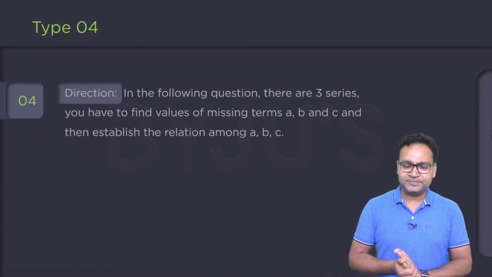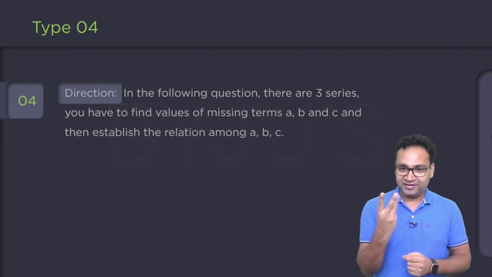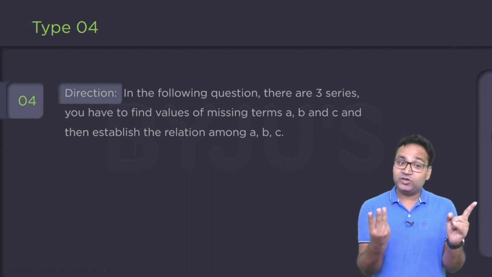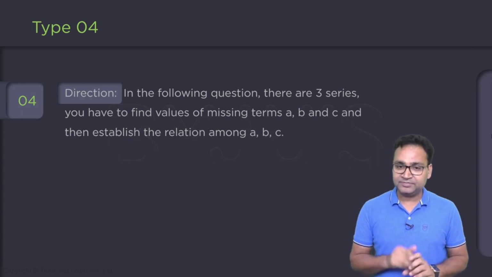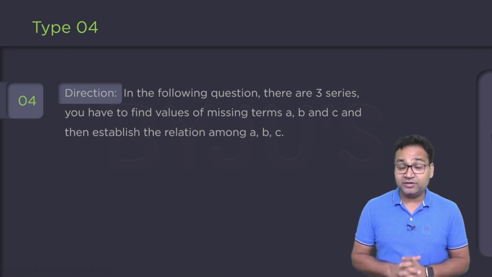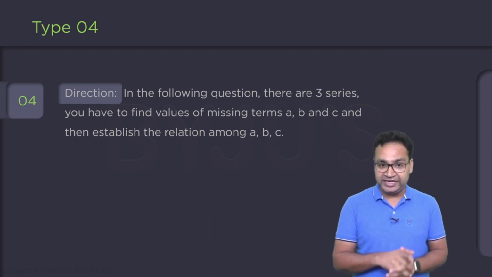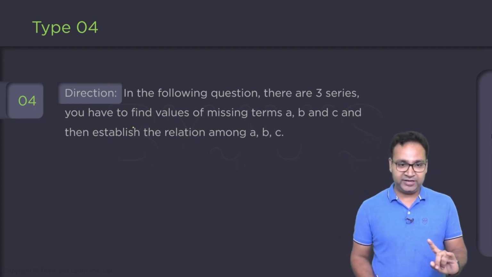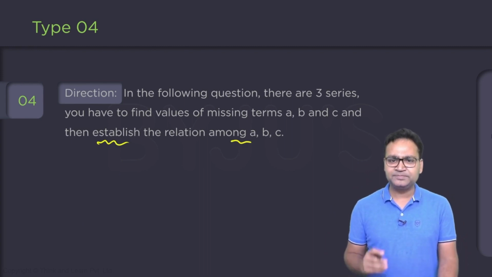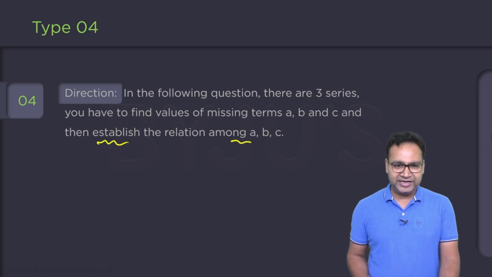Let's read the directions. In the following question, there are 3 series. That means in one question, there are 3 series. You have to identify the missing term A, B and C in each of the series, and then you have to establish a relation between A, B and C. So obviously these questions will be a little more time consuming, but let's see whether we can do it very easily or not.